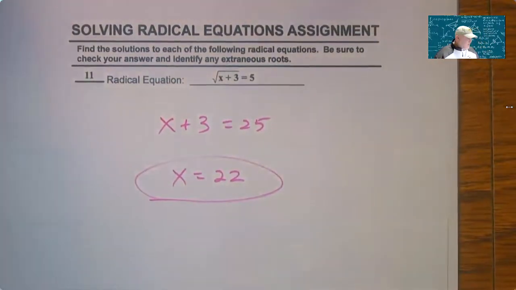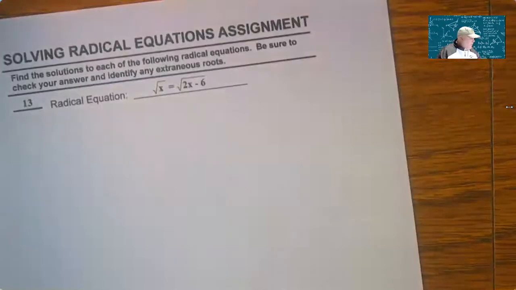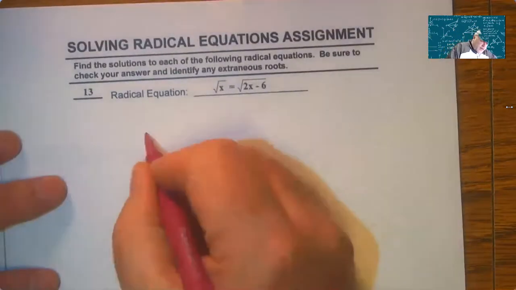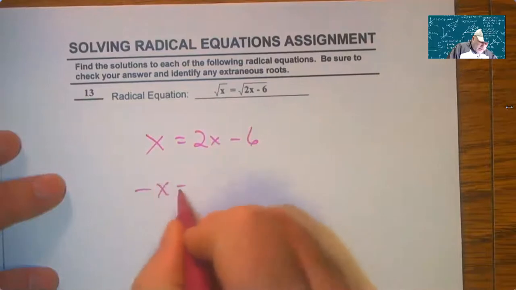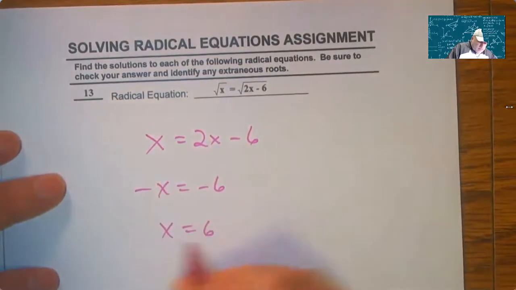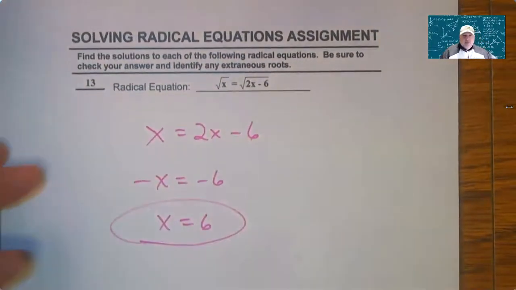And that will work perfectly. And problem 13, square both sides, lift off those radicals. So negative x equals negative 6. And that will be good. There will be no negative under a square root there.